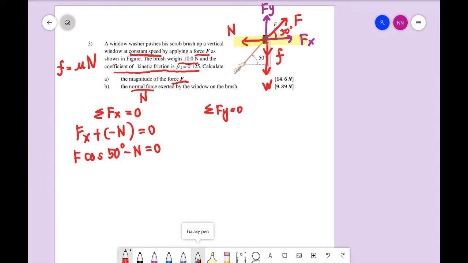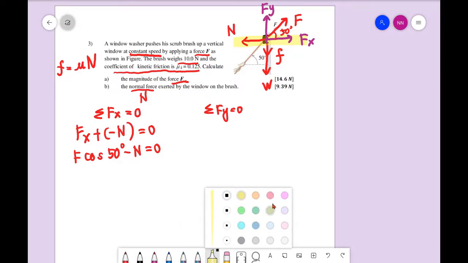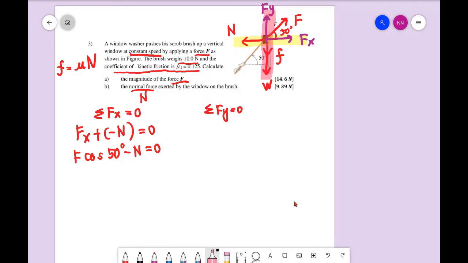And then proceed to the y component. Net force y equals 0. So for the y component, look at this area. We have Fy, friction f, and W. So the summation of force in the y component is Fy plus negative friction plus negative W equals 0.